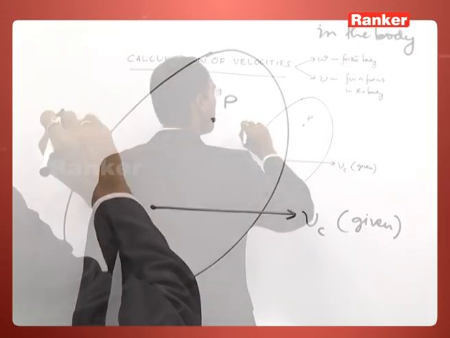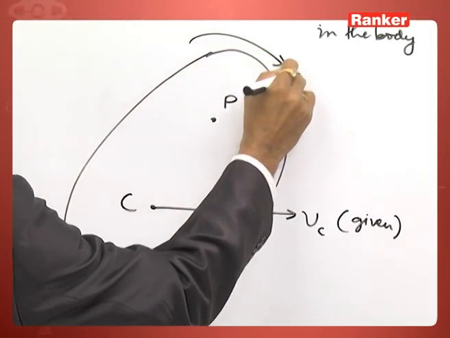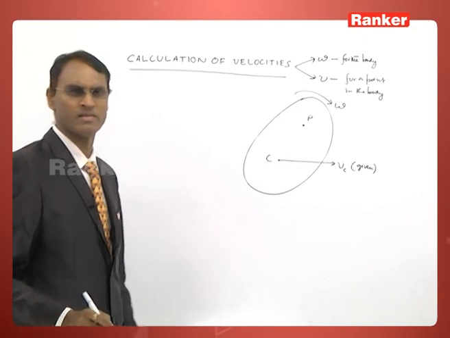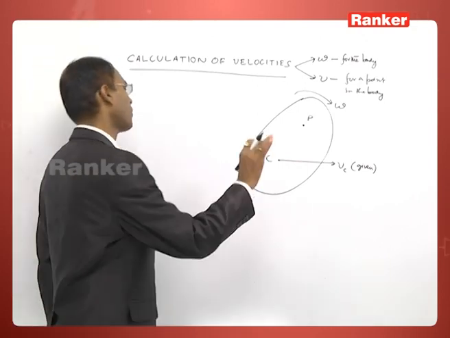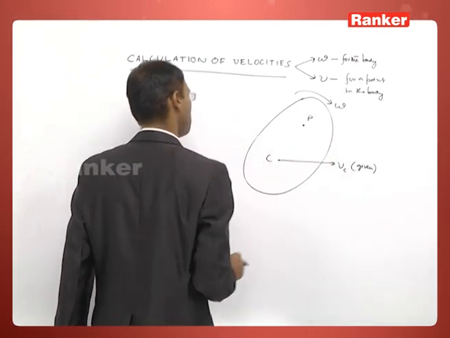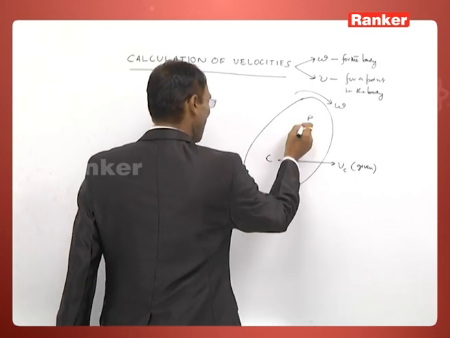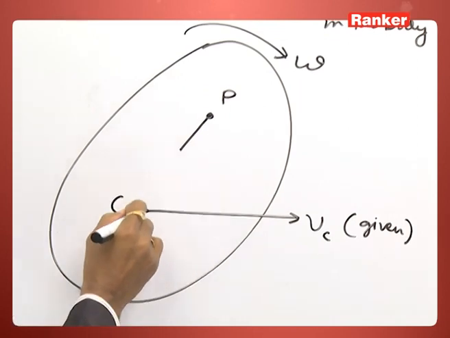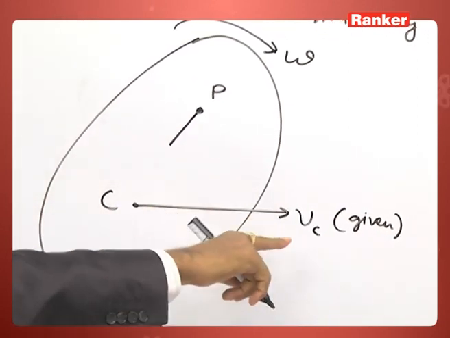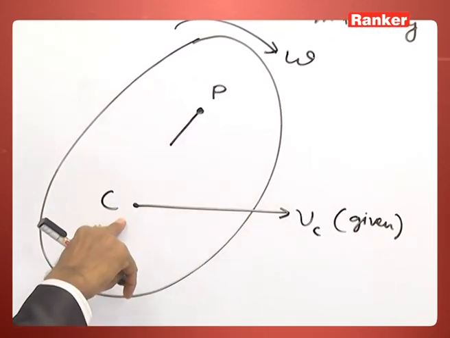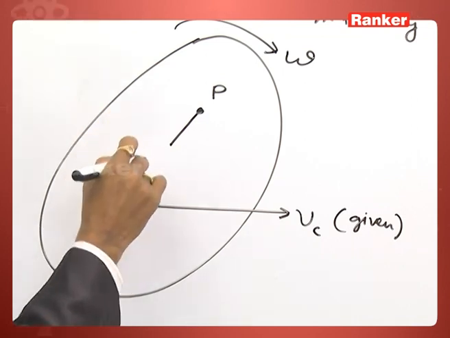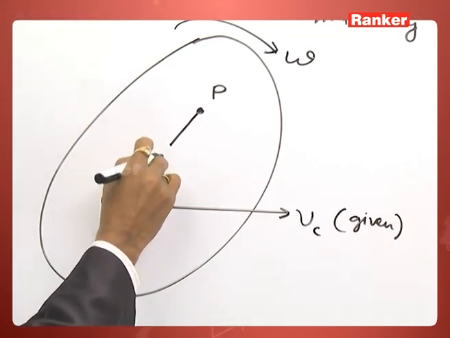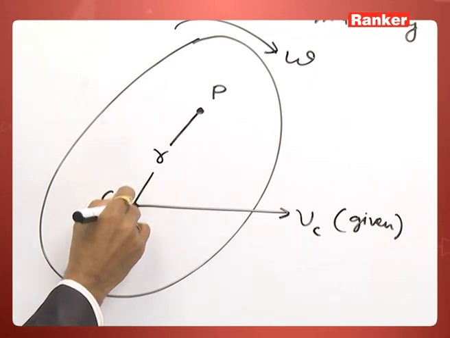Angular velocity of the body is given. Let it be clockwise and omega its speed. And the distance between the point and the second point, whose velocity is given, here it is center of mass, for the sake of simplicity, R.